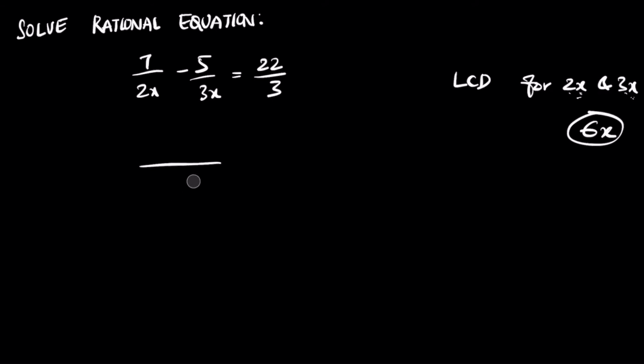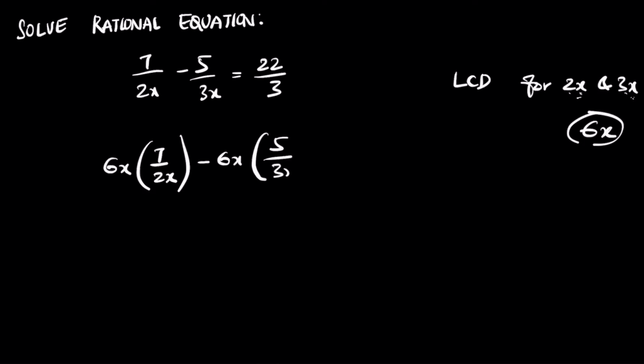What you can do now is multiply the LCD with the entire equation. So 6x times 7 by 2x minus 6x times 5 by 3x is equal to 22 by 3 into 6x. Remember that we are multiplying everything with the LCD. Next, simplify it. 2 1's, 2 3's, x gone, 3 1's, 3 2's.